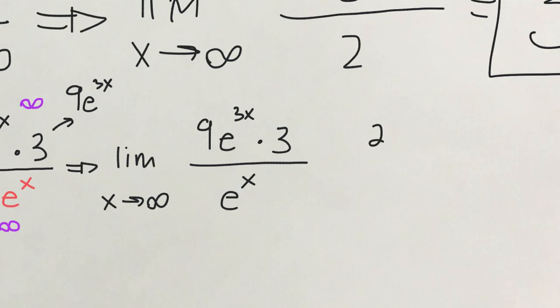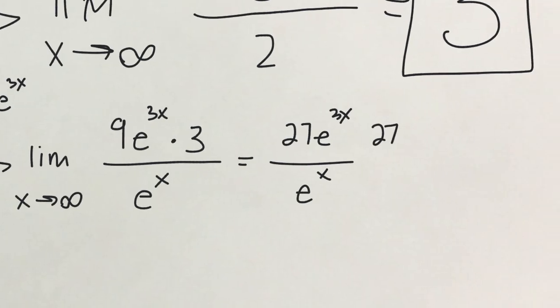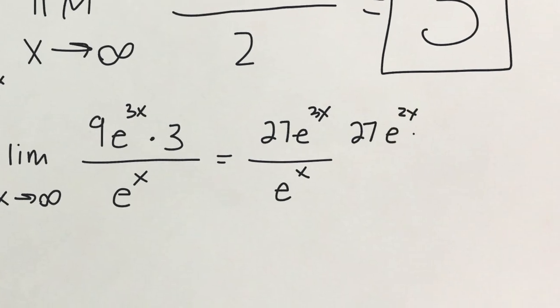Let's simplify. This is 27e to the 3x divided by e to the x. Okay, so what can we cancel out? So this is 27 e to the 2x times e to the x, right? That's something we can do with our 3x. Yep, so e to the 3x is 2x plus 1x. Okay, and I do this so that I can cancel out my denominator.